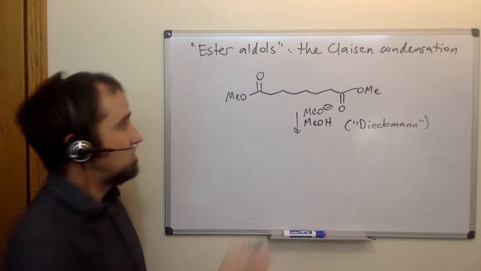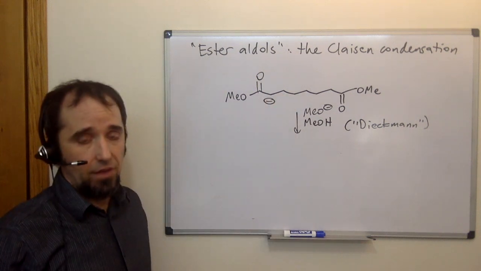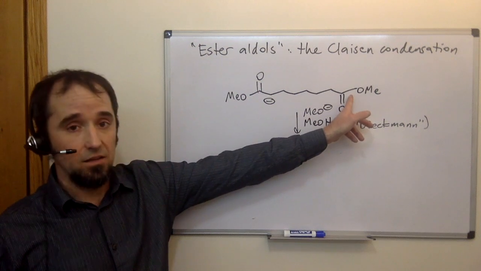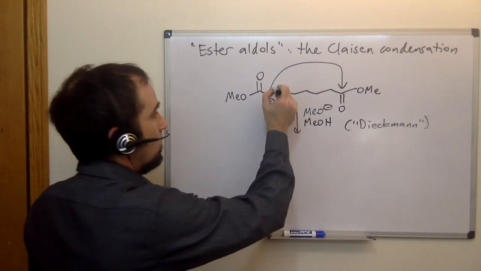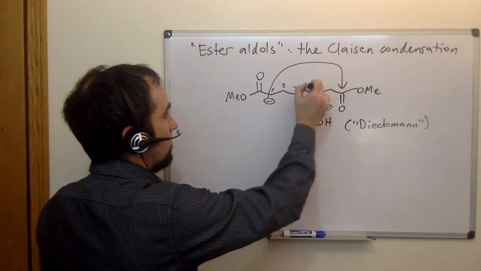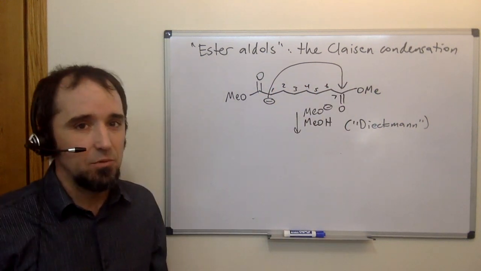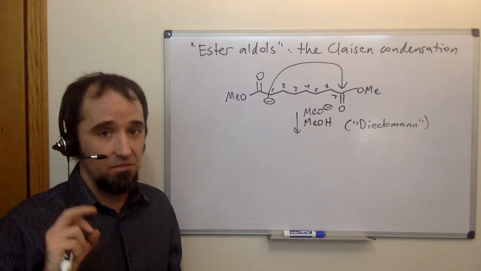I'm going to deprotonate next to my ketone there, and it's going to be attacking this carbonyl over here. How big a ring is that? 1, 2, 3, 4, 5, 6, 7. 7's a weird number for a ring, but it turns out that this reaction makes 7-membered rings very well.